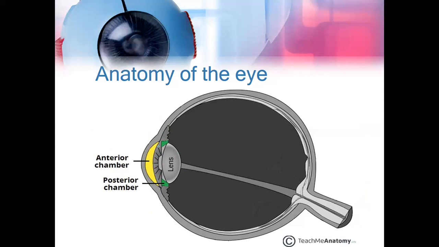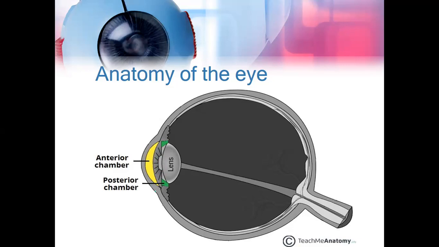The anterior cavity is divided by the iris into two main chambers, the anterior chamber, in yellow, and the posterior chamber, in green.